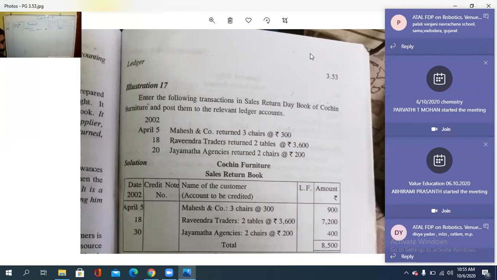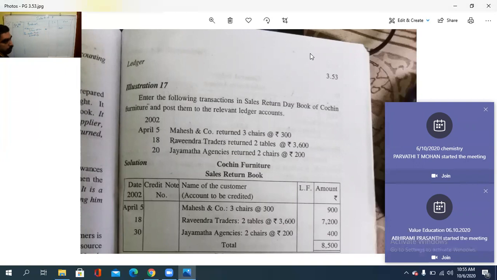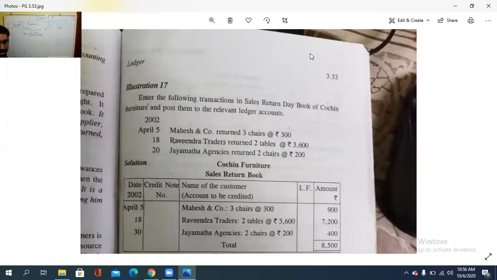Then next, 18, Ravindra Traders returned 2 tables at the rate of how much? 3,600. So 3,600 into 2, it is 7,200.